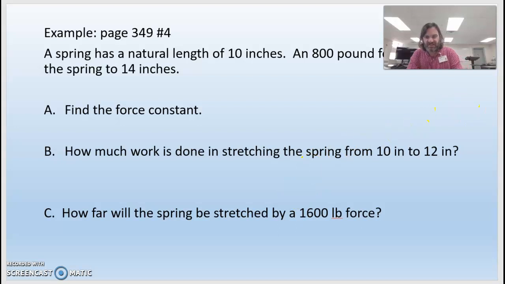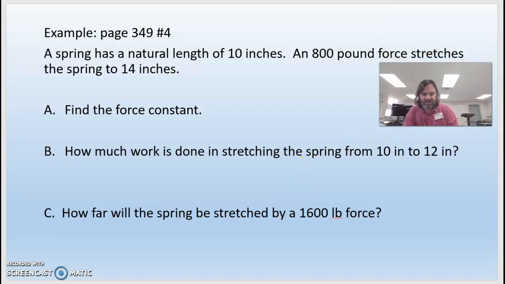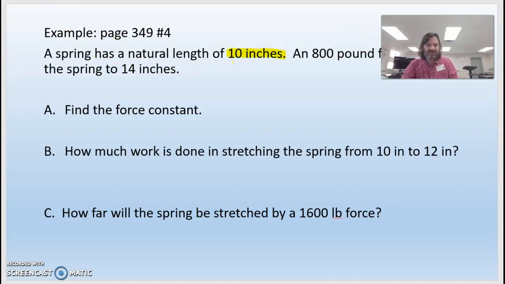Okay, so this is an example from the book. It says a spring has a natural length of 10 inches. So that's its resting position, 10 inches long. An 800-pound force stretches the spring to 14 inches. And it says find the force constant. So what we're looking at here is force equals kx, where the force would be some constant over the distance changed.